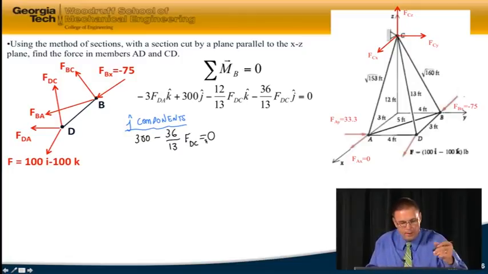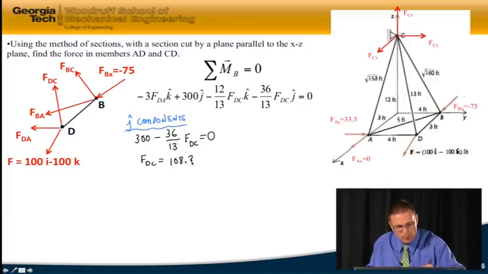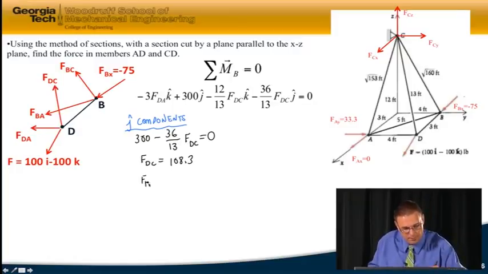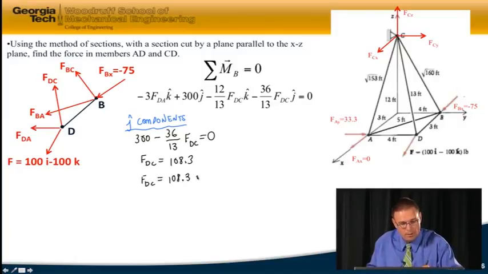And so FDC then is equal to 108.3. Since it's a positive value and we assumed that FDC was in tension, that means that it is actually in tension. So FDC is equal to 108.3 pounds in tension. And so that's one of our answers.